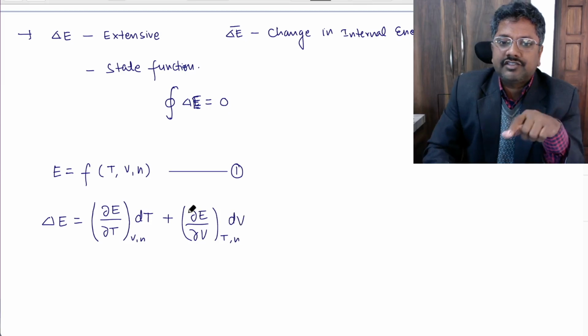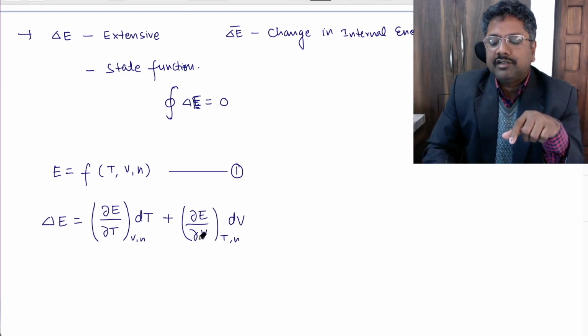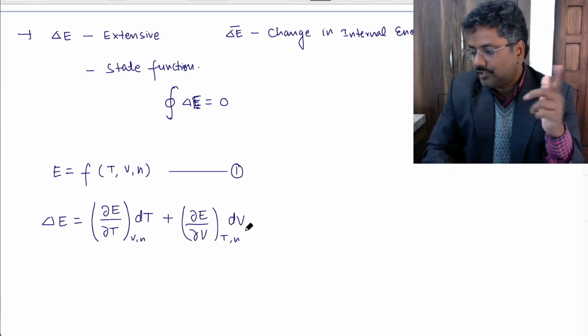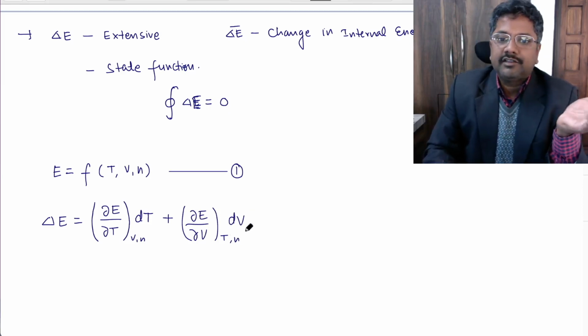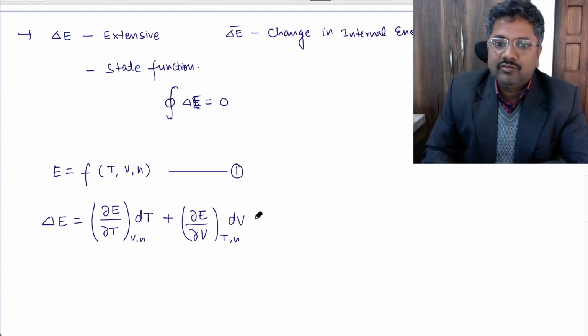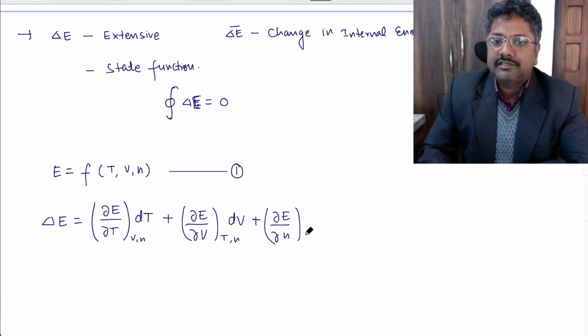This is the change in energy per unit change in volume, and this is the total change in volume. So you will get the total change in internal energy due to the change in volume, plus the internal energy change with the change in the number of moles as well, at constant T and V, dn.